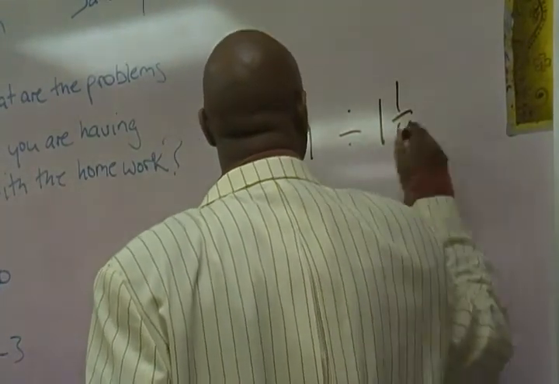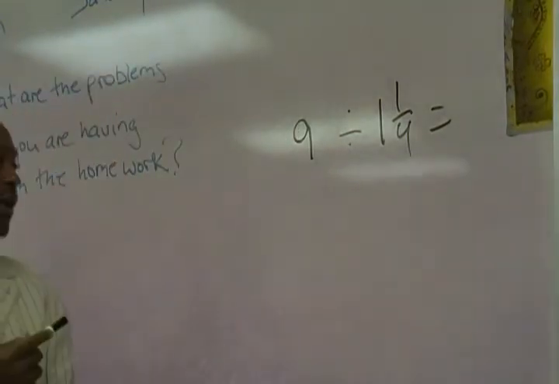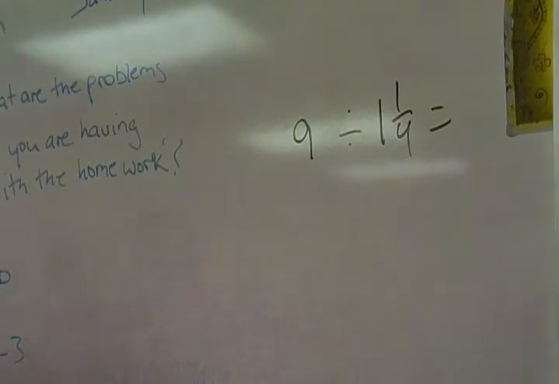All right. So, first thing that we got to do, guys. First thing you got to do with this situation is you want to make that an improper fraction. How are we going to make it an improper fraction? 4 times 1 is 4 plus 1 is 5.